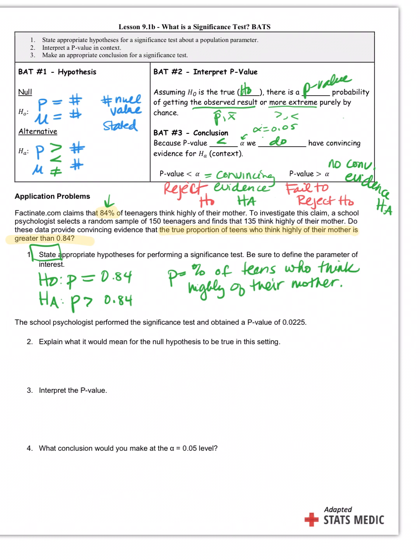Okay. If we don't finish all this, that's okay. We made a lot of progress today. The school psychologist performed the test and got a p-value of 0.0225. Explain what it would mean for the null hypothesis to be true in this setting. For this to be true, it would mean that truly 84% of teens think highly of their mother.